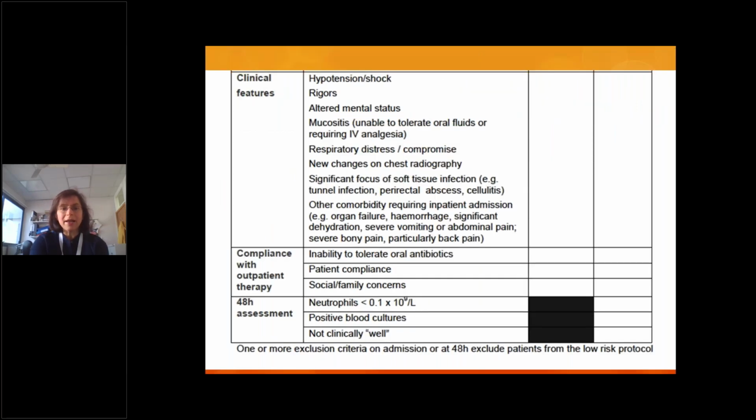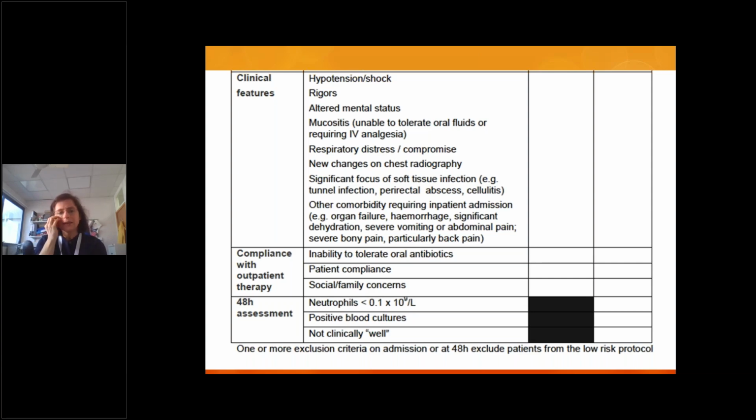And then come the clinical features, and here comes your pediatric expertise. The child who is hypotensive or presenting shock, of course, everybody will recognize this one. Rigors, altered mental status, a child who is simply flat and not really reacting, not behaving normally. Mucositis, respiratory distress or compromise, new changes on the chest X-ray.